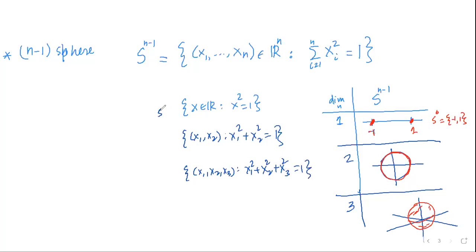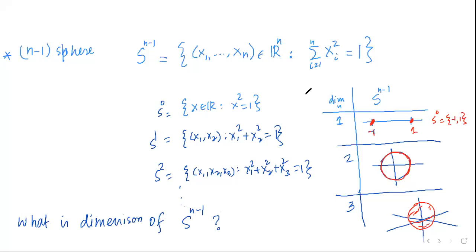So this is S0, this is S1, this is S2, and so on. Question: what is the dimension of S^(n-1)? Yes, you're right. The dimension is n minus 1.